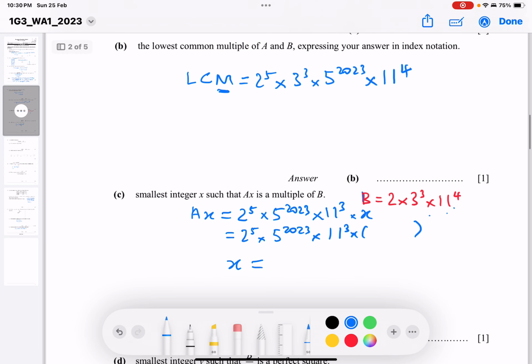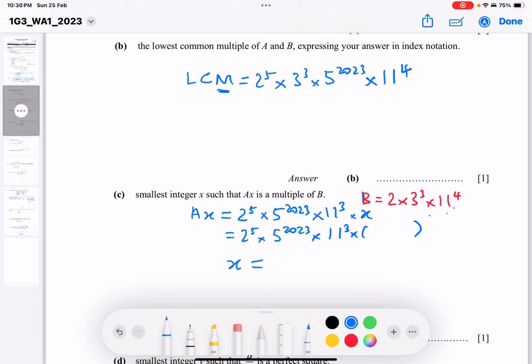Next, we want to find the smallest integer x such that ax is a multiple of b. Ax is actually the LCM of a and b. We know that the LCM must contain the factors belonging to both. So we already have the factors of a. Now we need to have the factors of b. B has a 2 and a has 2 to the power 5, so there is a 2 there.